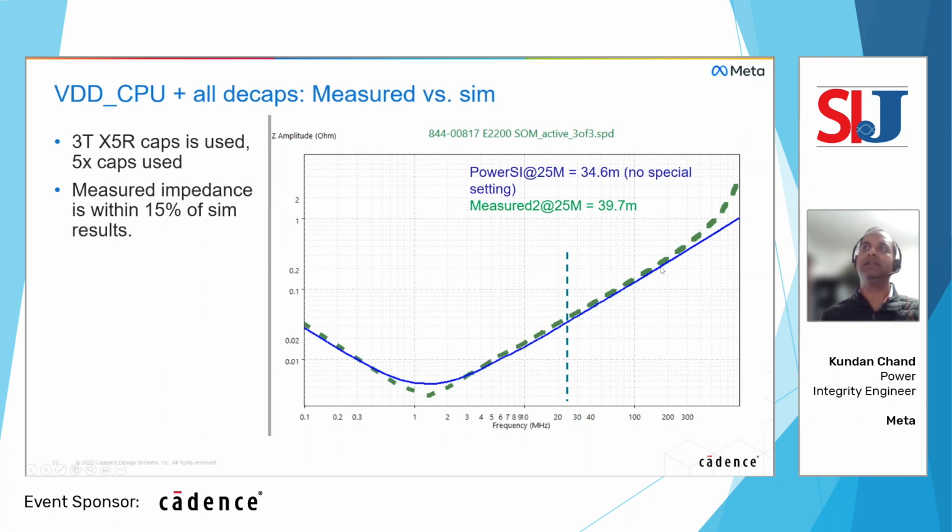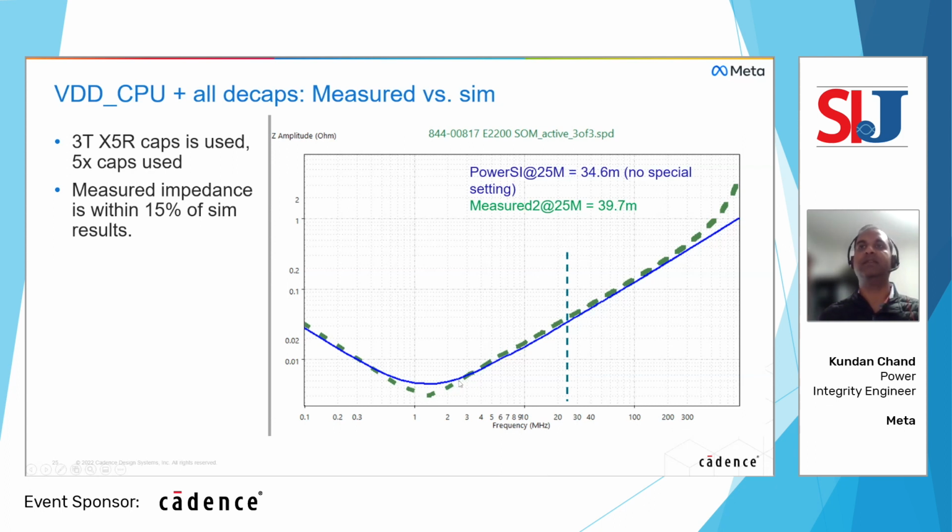And it's pretty decent correlation for our purposes in this region, and even the capacitance portion is looking reasonable. There is some difference in the series resonance area, like a 1 milliohm difference. That we could attribute to some of the details of how we are doing the simulation, versus how we use the capacitor vendor S2P models to try to do the correlation.